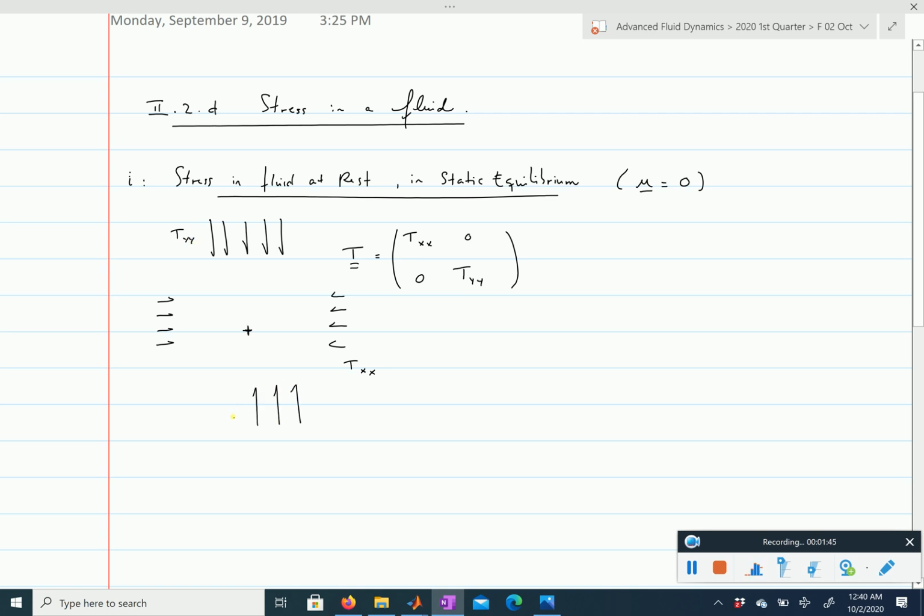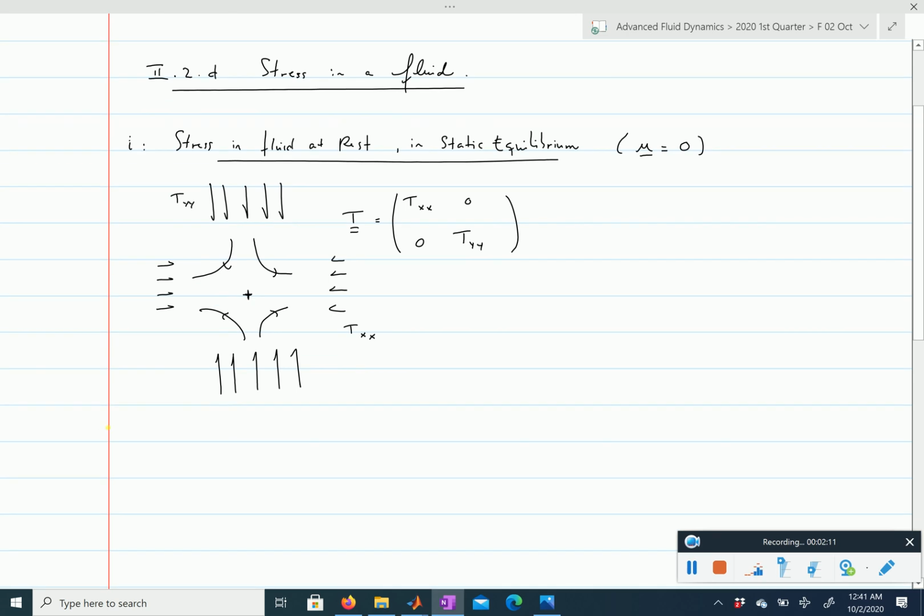Right? And the question is the following: if we are in a fluid in a static equilibrium, can Txx and Tyy be different? Now if you think about this, if you had Tyy which was larger than Txx, then the fluid would start to move in this direction, right? Because it starts to flow.